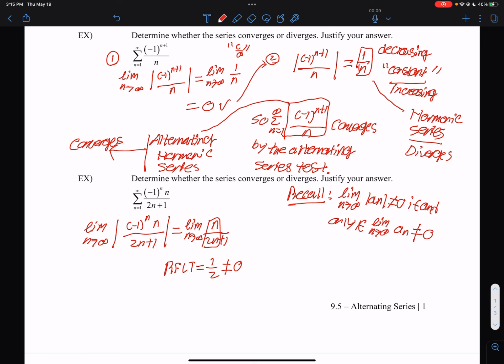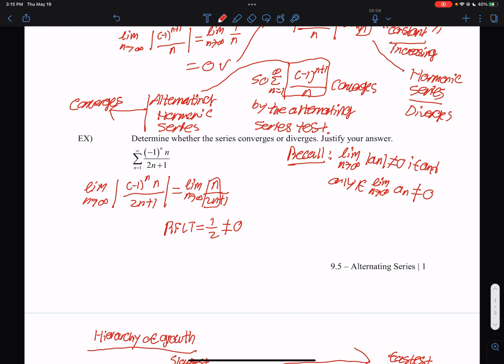Since the limit does not equal 0, instead of the alternating series test, we can apply the divergence test to conclude that the series diverges. So the limit as n goes to infinity of negative 1 to the n times n divided by 2n plus 1 does not equal 0.